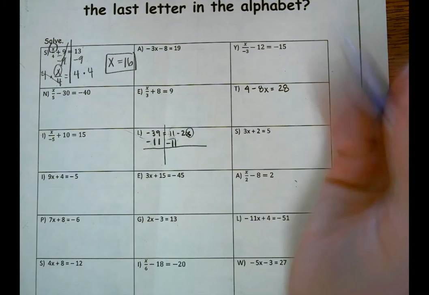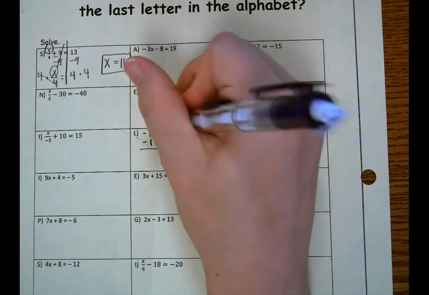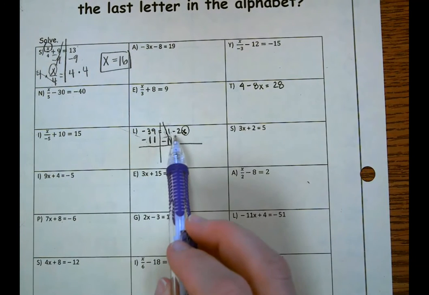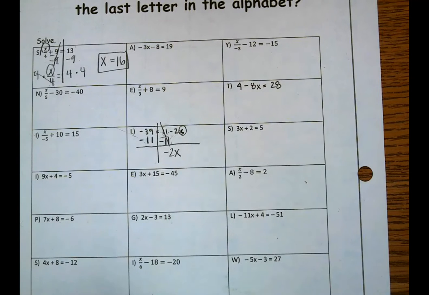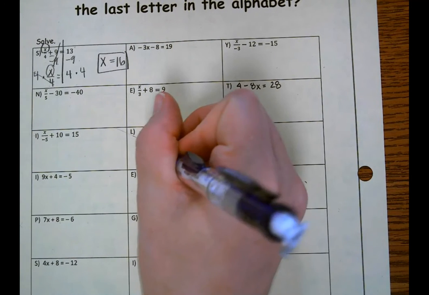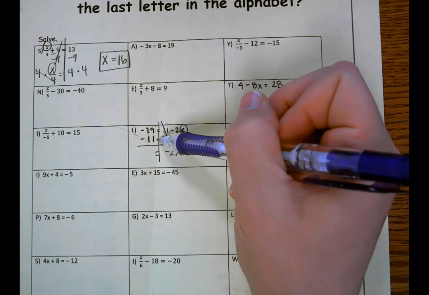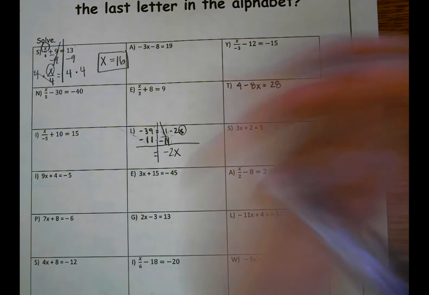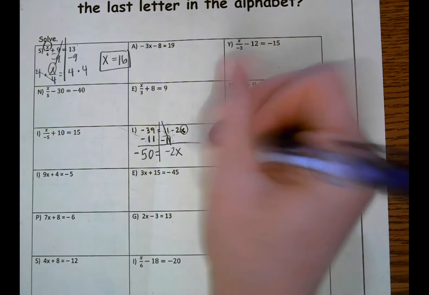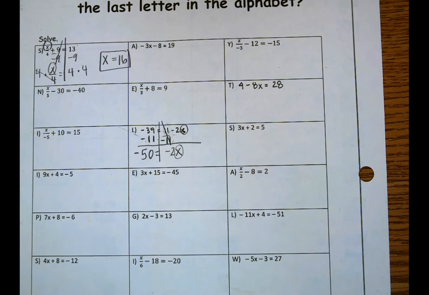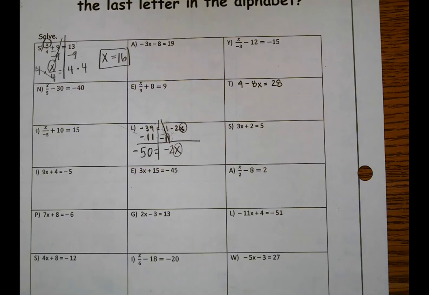So once I do that, my positive 11 and my negative 11 cancel. That leaves me, this minus is still here, that leaves me a negative 2x on this side. And then on the other side, a negative 39 minus 11. They're both negative, so I add them together, and I'm going to get negative 50. So I'm still trying to get this x by itself, but I have negative 2 times x.